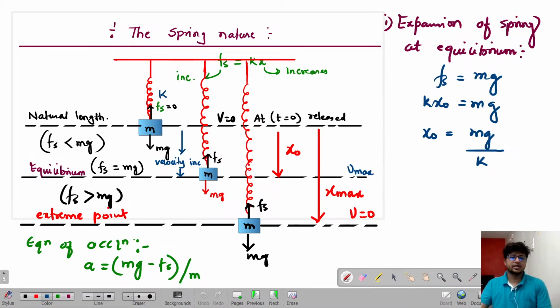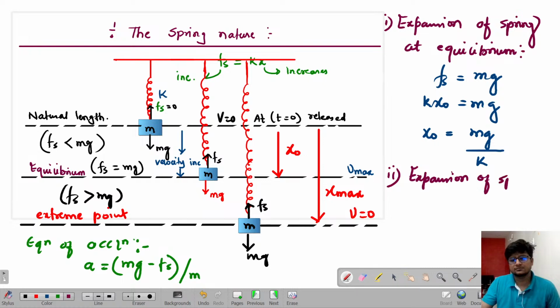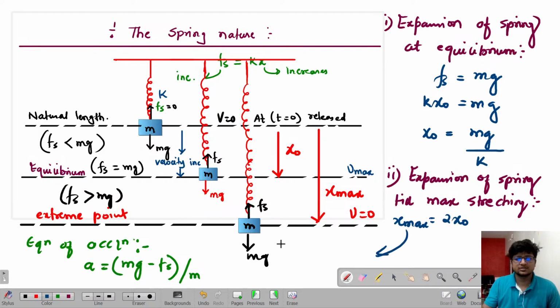Equilibrium is mg by k. So the expansion of a spring till maximum stretching is x max equals twice x naught, or x max is equal to twice mg by k. Is that clear or not?